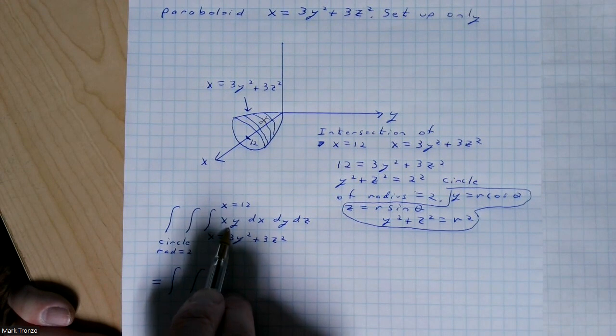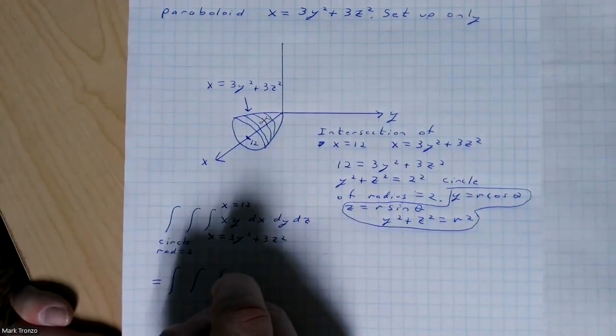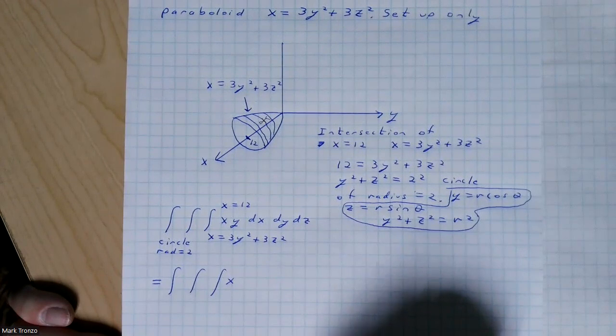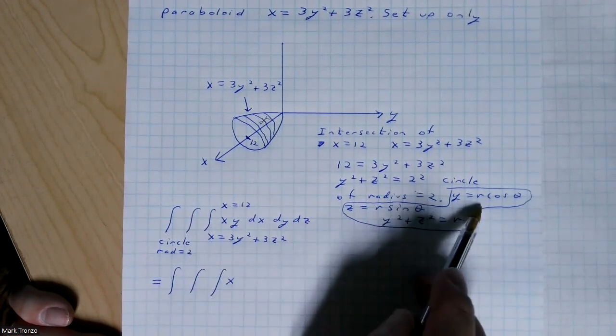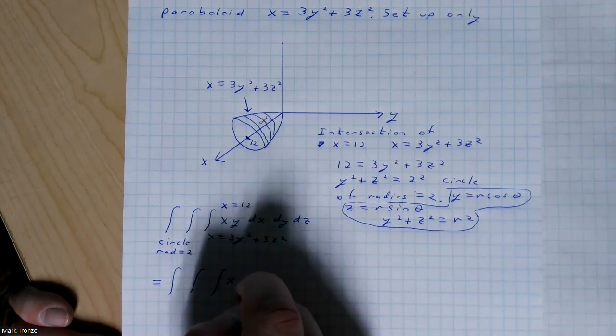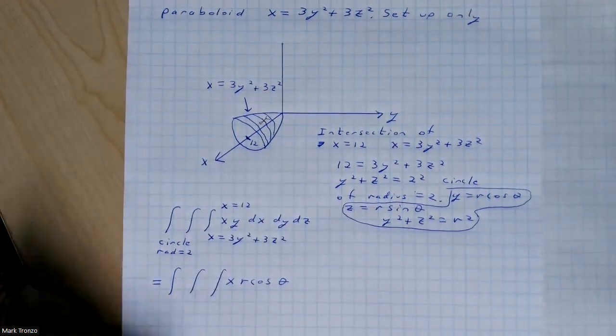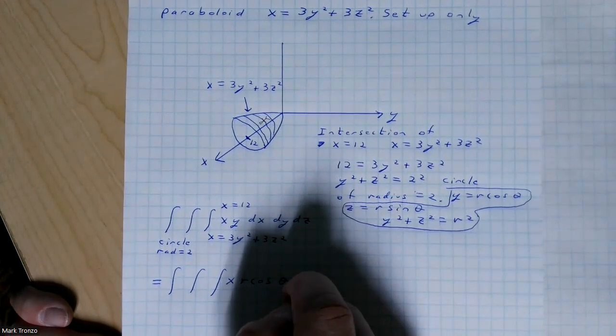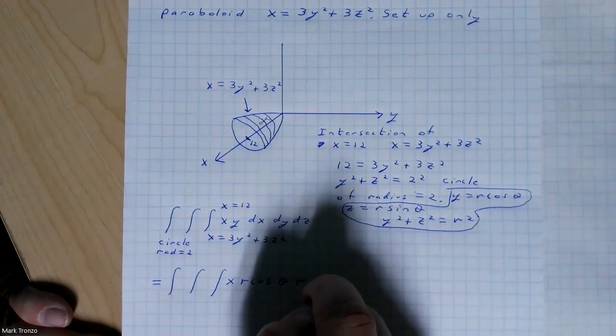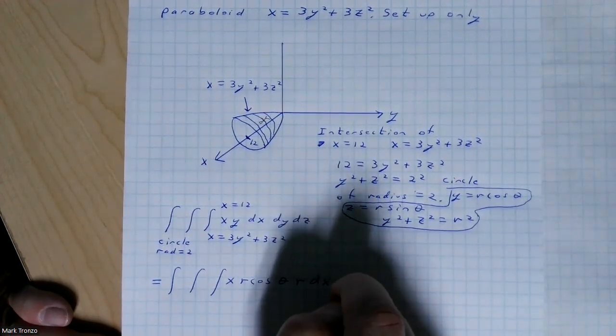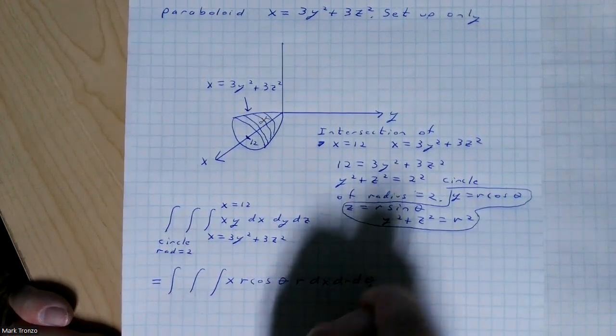Now what we can do here, we know that x will just be x, so just leave that there. And then y will be r cos theta. And because we're converting to polar, remember, you always have to put that r in. dx, dr, d theta.